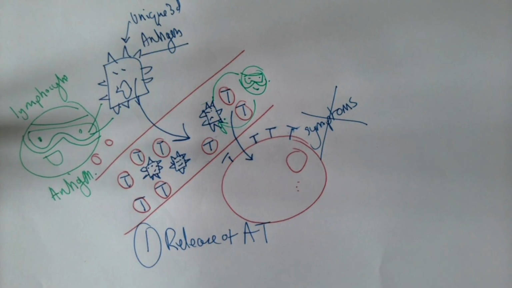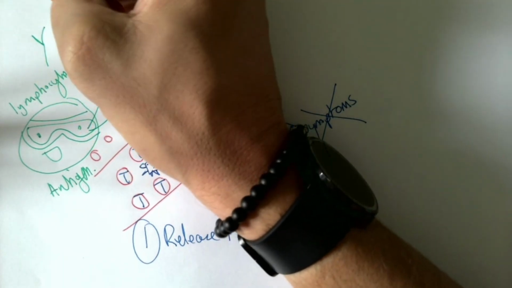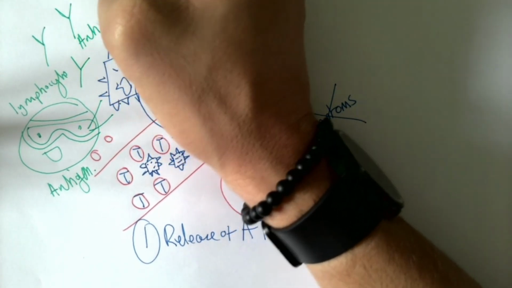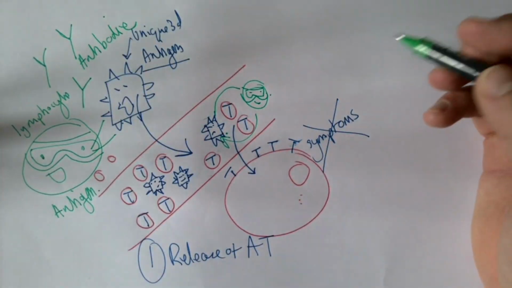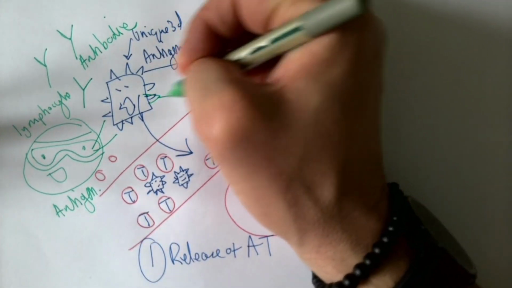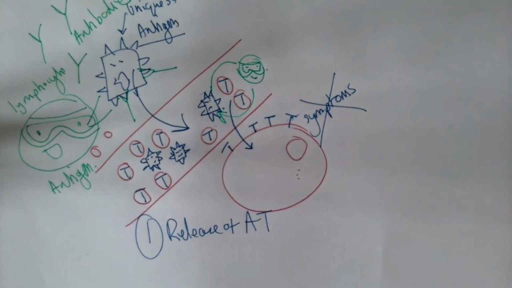The next thing it does, the most important thing it does, it releases another protein, and these are called antibodies. Now, these antibodies attach to the antigens of the bacteria. Just going to move it down slightly here.